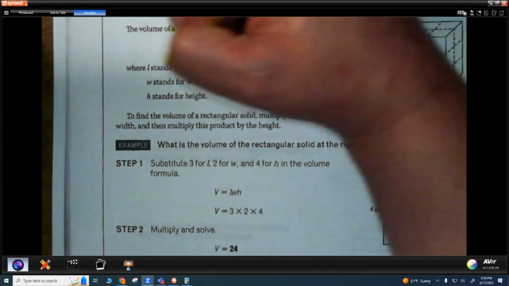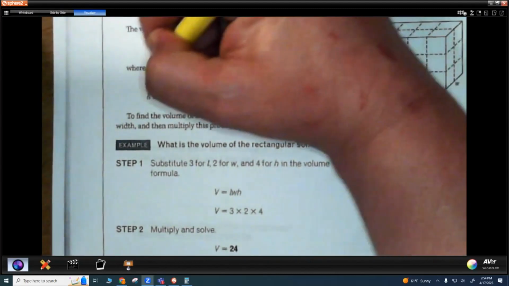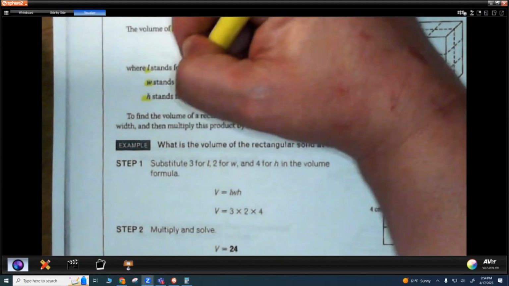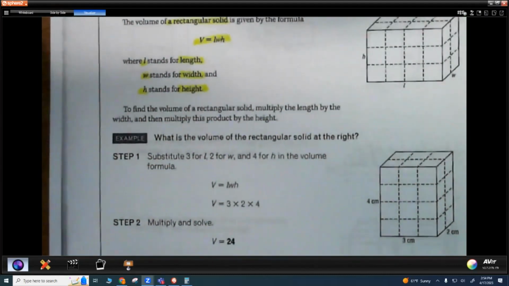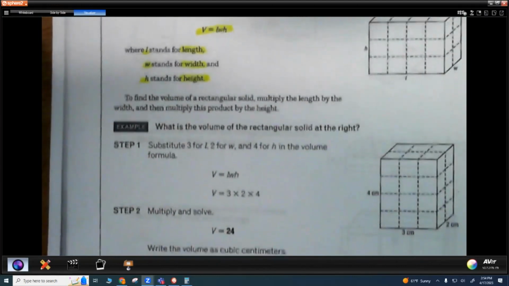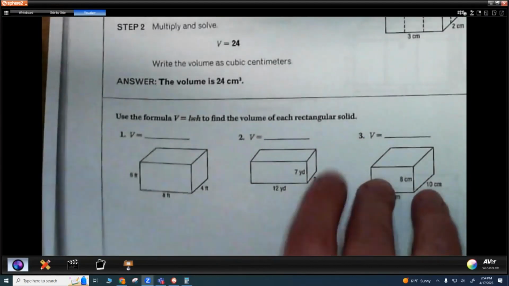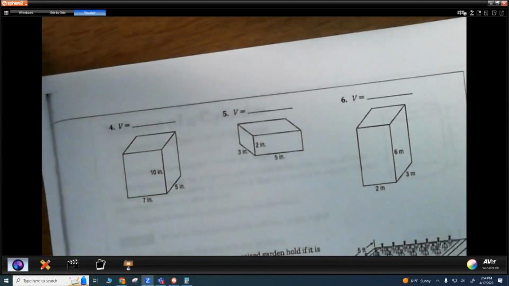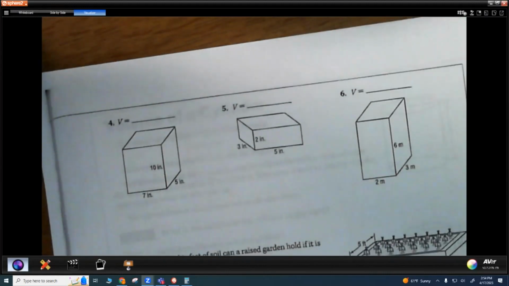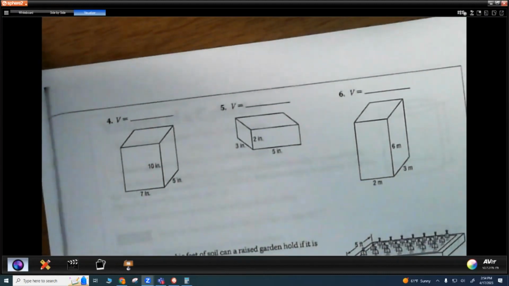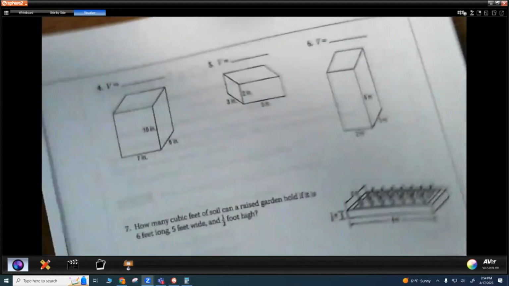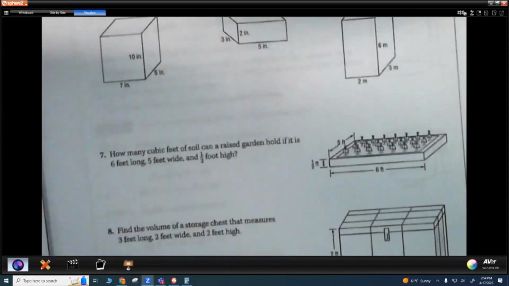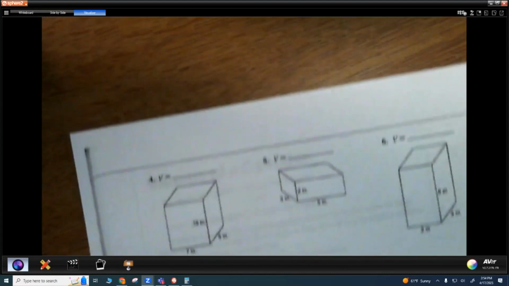Pretty straightforward. I think we've done pretty well. If you need to practice, you can do these 3 at the bottom, but let's once again jump ahead. Even these 10 problems seem pretty straightforward. Just multiply your 3 dimensions.